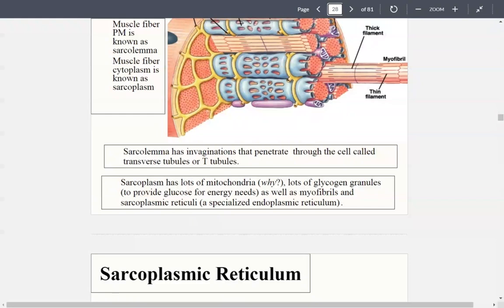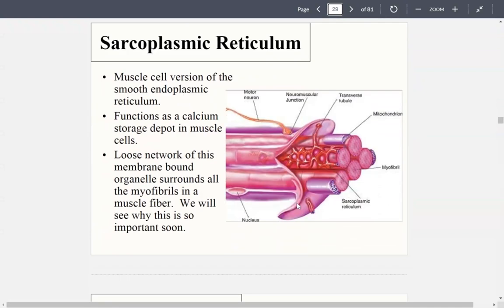We're also going to have things such as glycogen granules to provide glucose, basically storage pouches on demand. We'll have things called myofibrils, and that sarcoplasmic reticulum. Now that sarcoplasmic reticulum is a variation on smooth endoplasmic reticulum, as I mentioned, only instead of making fatty acids, it's going to store calcium.